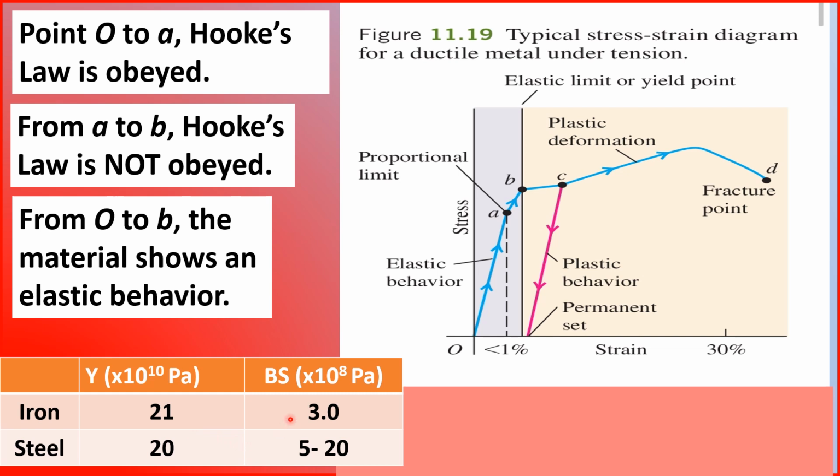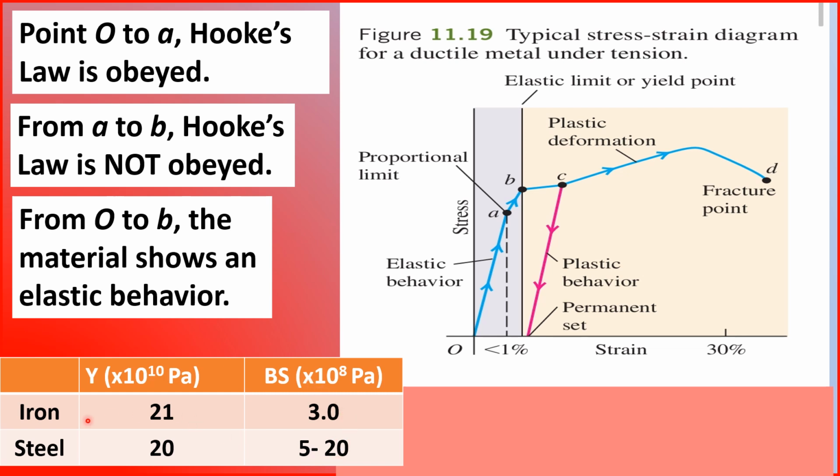But looking at their breaking stress, the breaking stress for iron has a magnitude of 3.0 raised to the 8 power Pascal, while the breaking stress for steel ranges from 5 to 20 times 10 to the 8 Pascal.